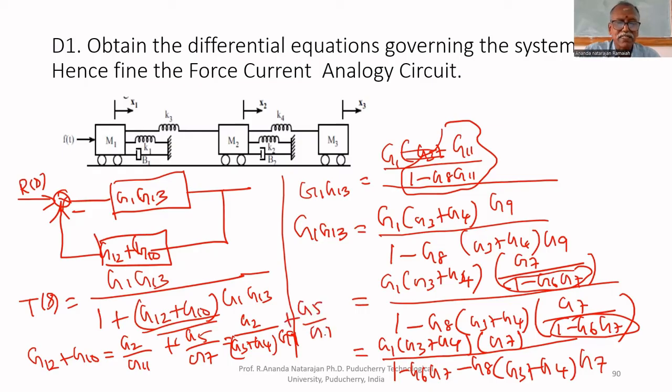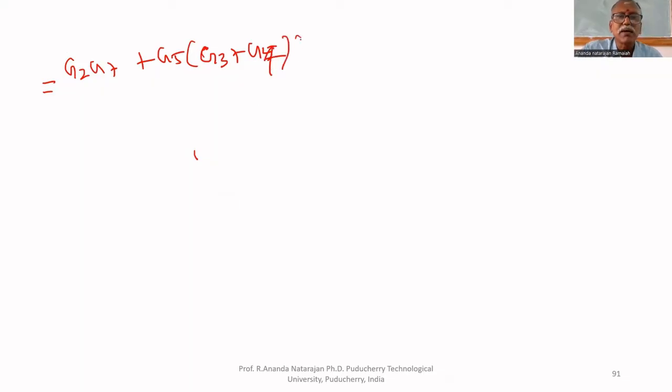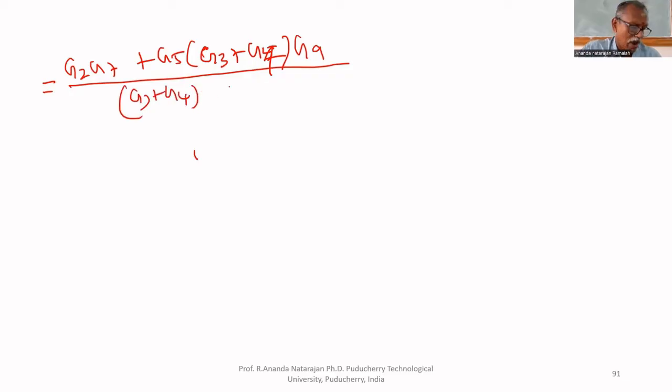If you simplify this, what you will get is G2 G7 plus G5 times (G3 plus G4) G9, over (G3 plus G4) G9 G7.